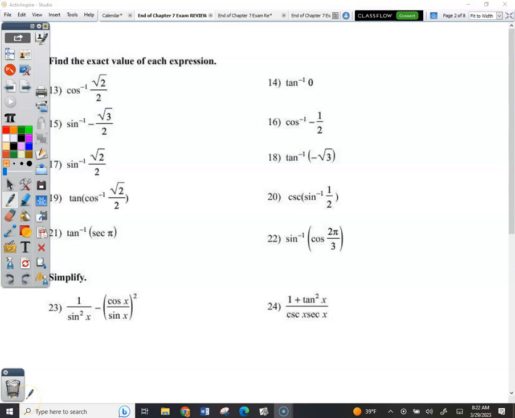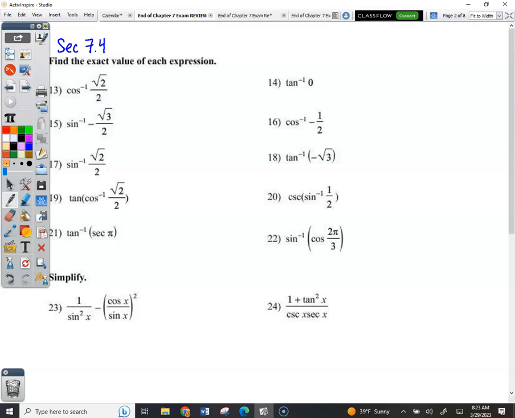Okay, 13 through 22 is 7.4 stuff. So if you're struggling with 13 through 22, check your 7.4 notes, examples, homework. This is where the question is reversed.